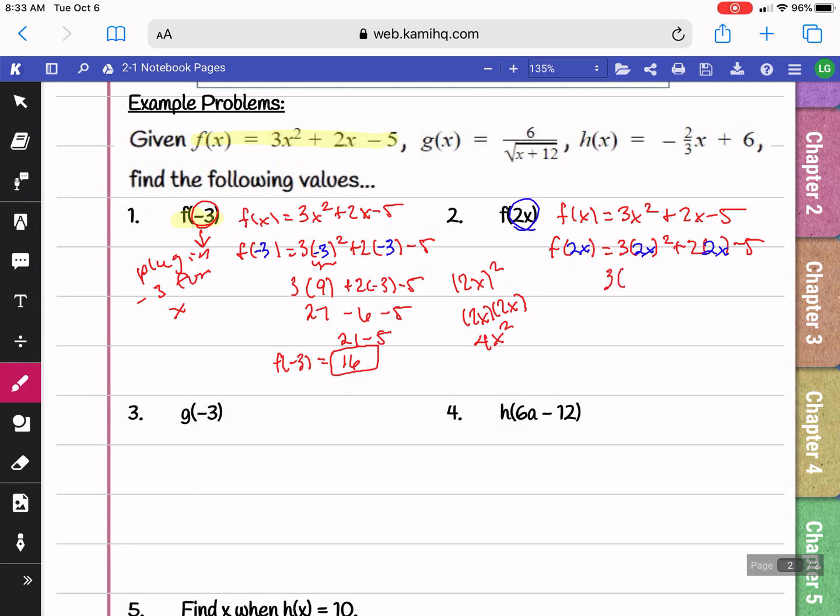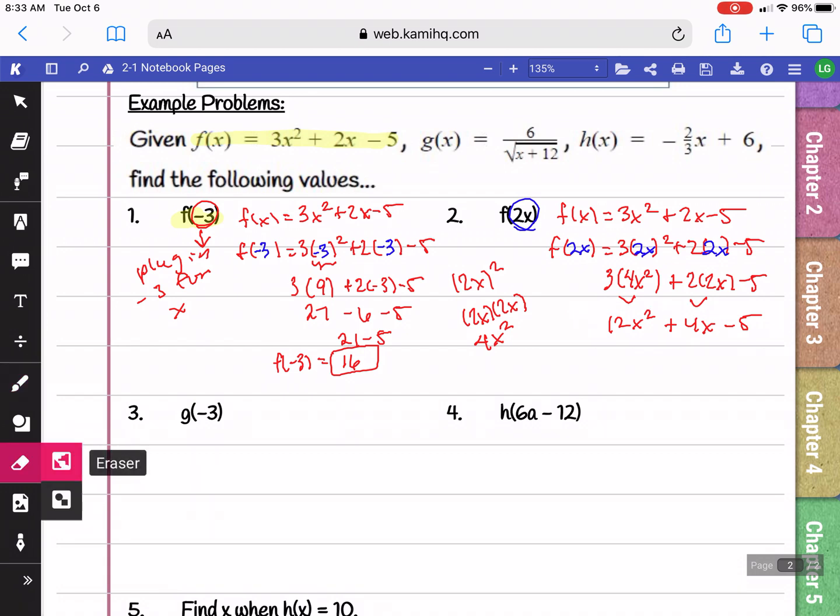So this becomes 3 times 4x squared, which is 12x squared. 2 times 2x is positive 4x. We don't have any like terms because you can't combine x squared with x, so I'm going to leave my answer like this. This is f of 2x.